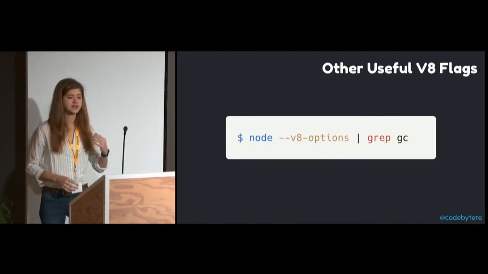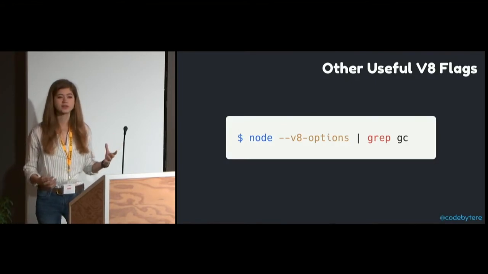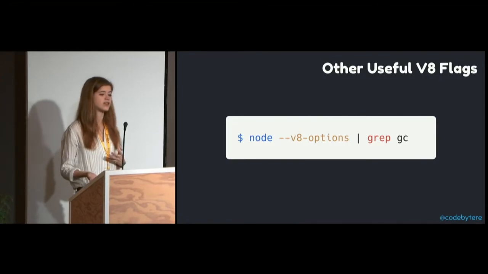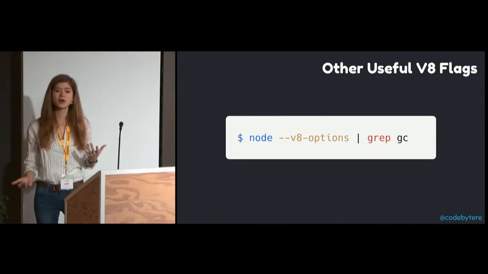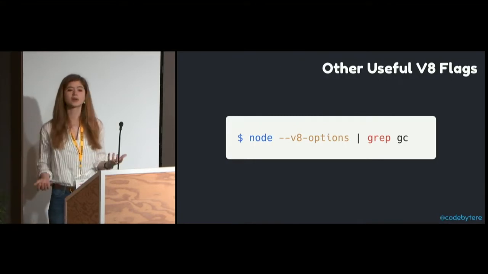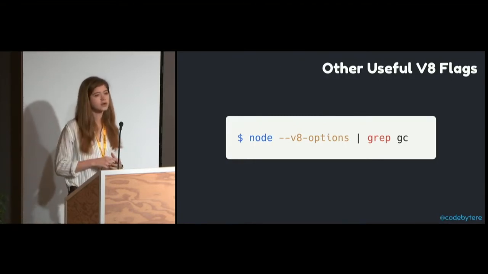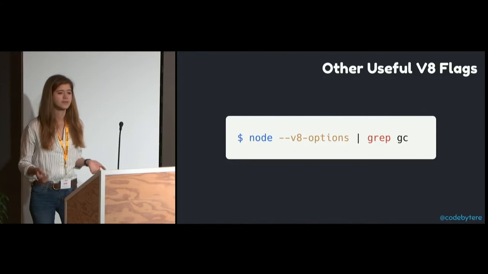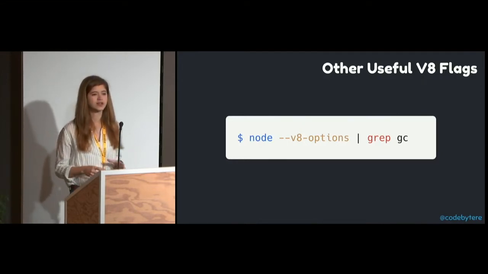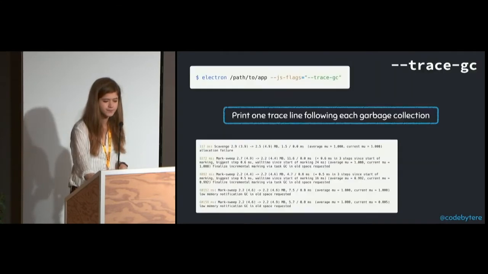Beyond the one we've just discussed, V8 actually exposes a pretty solid series of other flags that affect garbage collection behavior. You can see a list of them all yourself by running the command I show you on screen here in a terminal of your choice. That would be node --v8-options | grep gc. But I'll run through some of the ones you might be interested in quickly here and now.